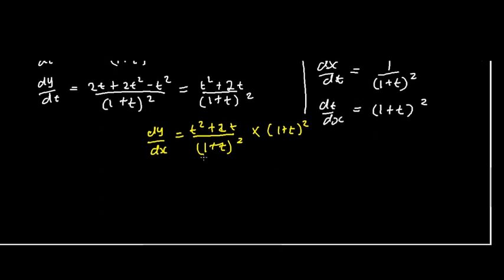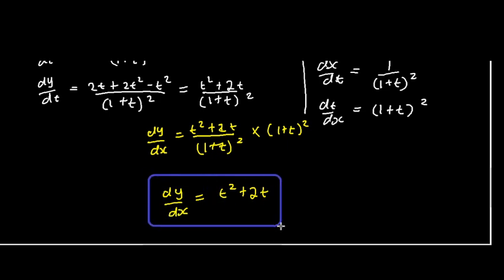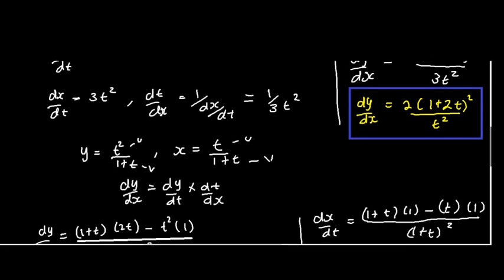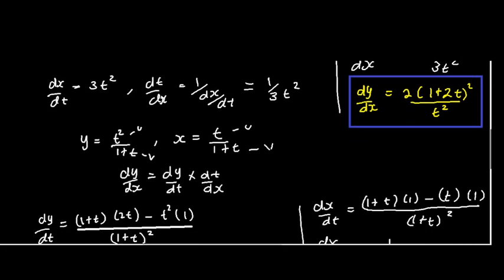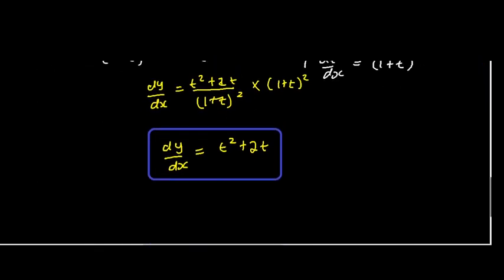And then this will cross out with that, and we shall remain with dy/dx being equal to t squared plus 2t. That is our derivative function for this given equation, which was y equal to t squared over 1 plus t, and x equal to t over 1 plus t.